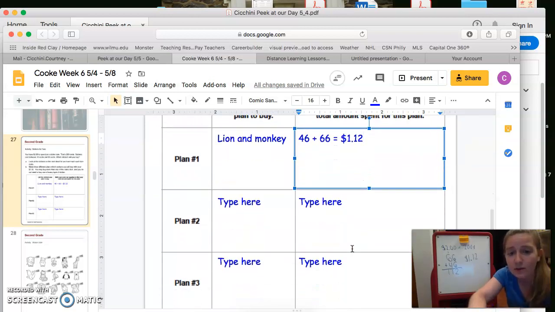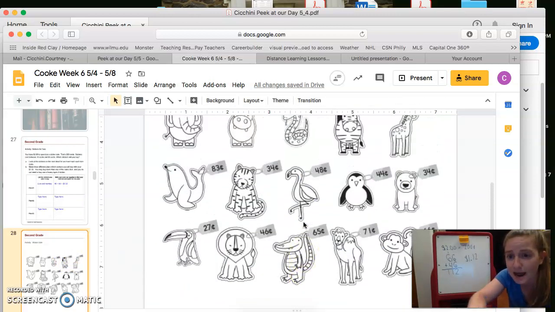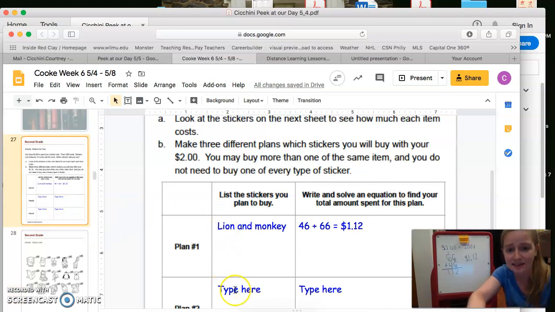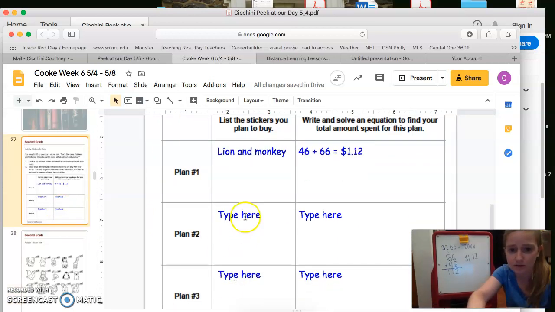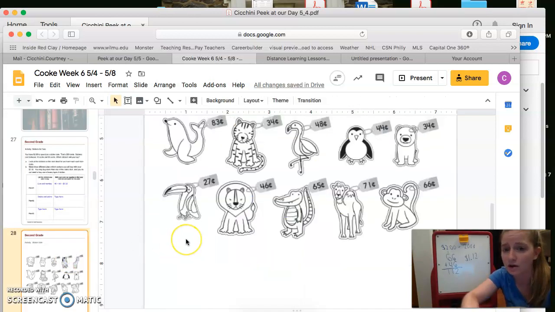Then I'm going to go to plan 2, and I have to look at my animals and decide which ones I'm going to buy now. This time I want to buy the snake and the zebra. So I'm going to type that in plan 2, snake and zebra. Then I'm going to find out how much they are.